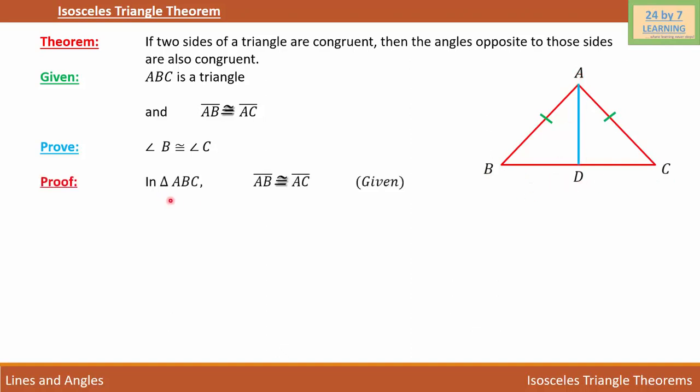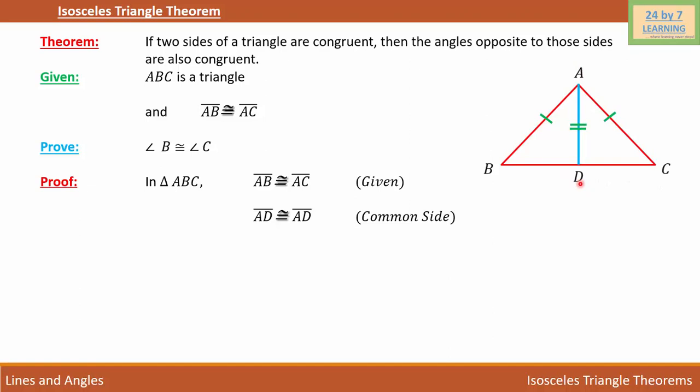So in triangle ABC, as you can see, it is given that AB is equal to AC. So basically this side is congruent to this side, and AD is equal to AD because AD is common to both triangles ABD and ADC.